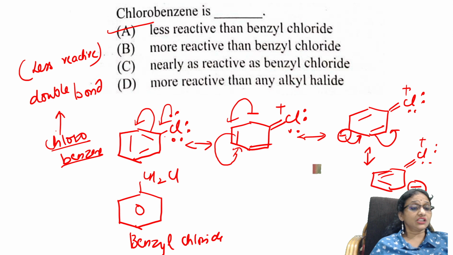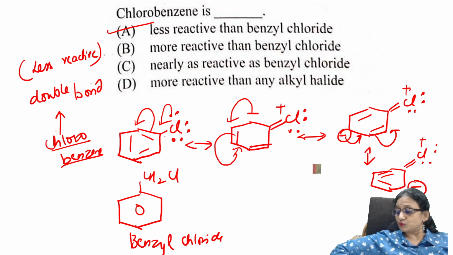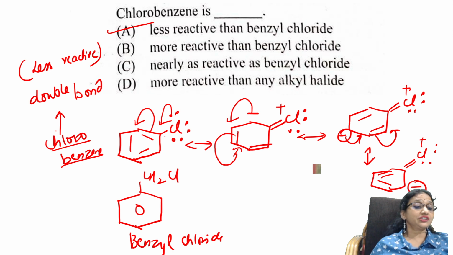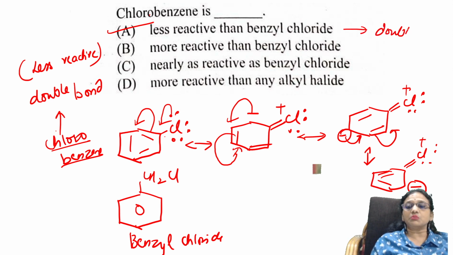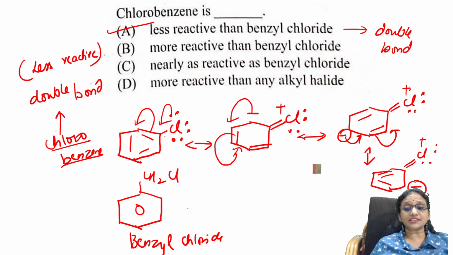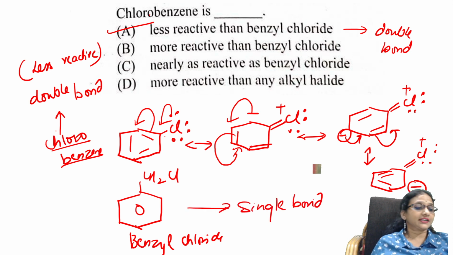The bond length would be shorter, very close, right, students? That's the reason chlorobenzene is less reactive, due to double bond character. So in benzyl alcohol, it is a single bond, so it easily reacts. Easy, students? Okay.